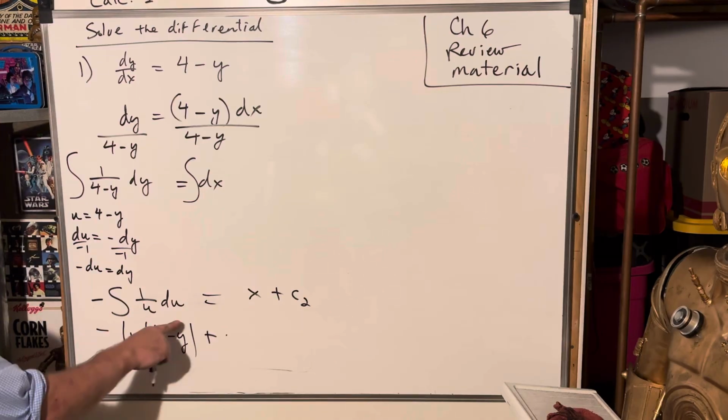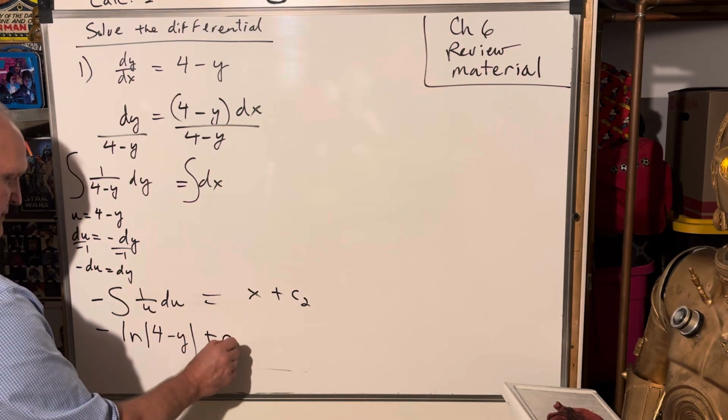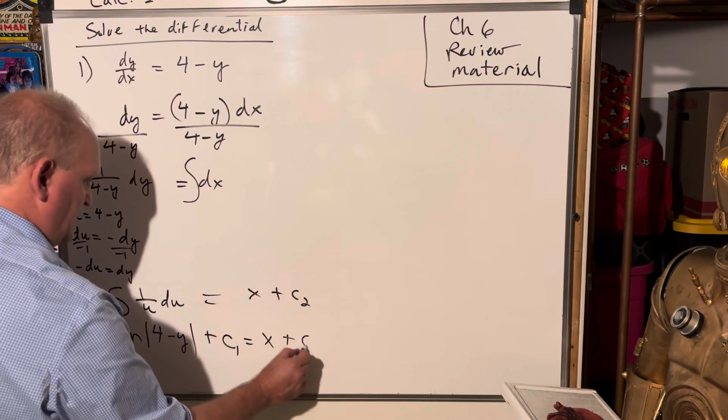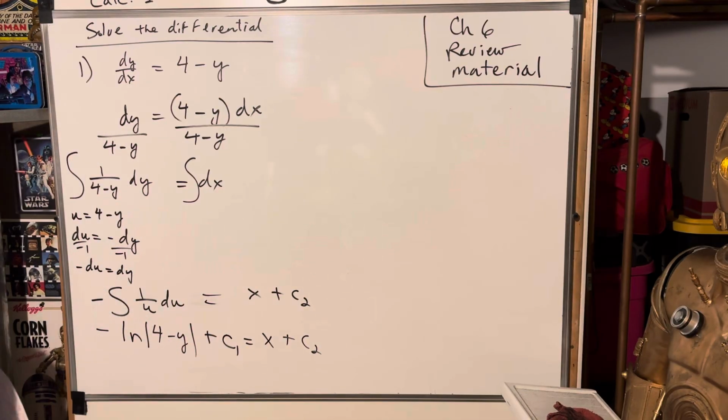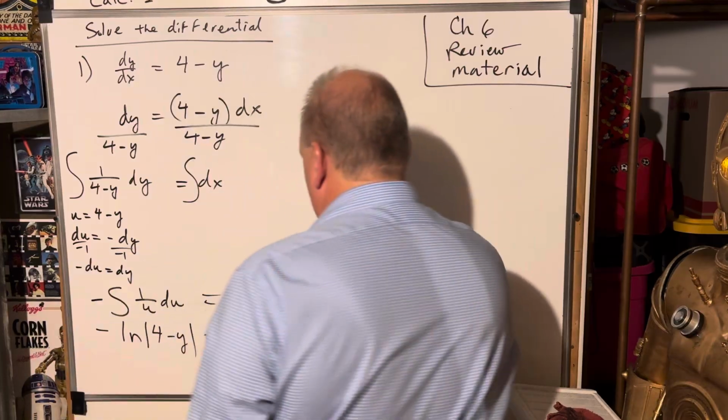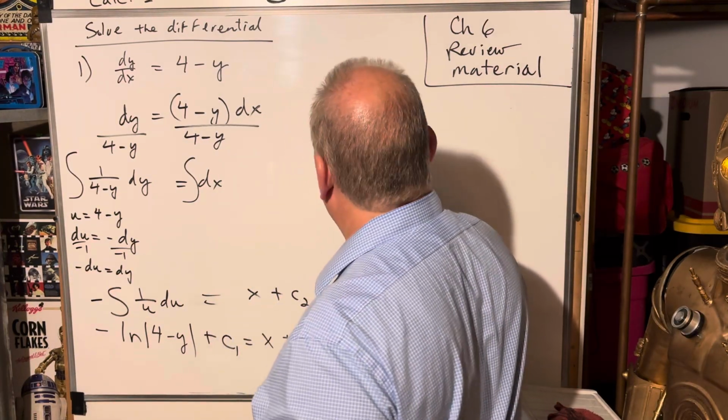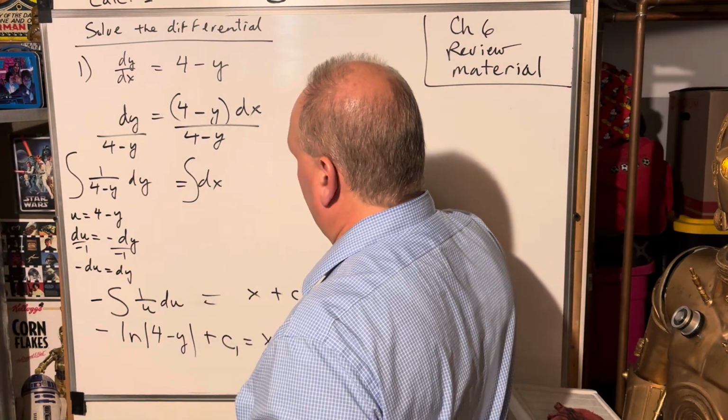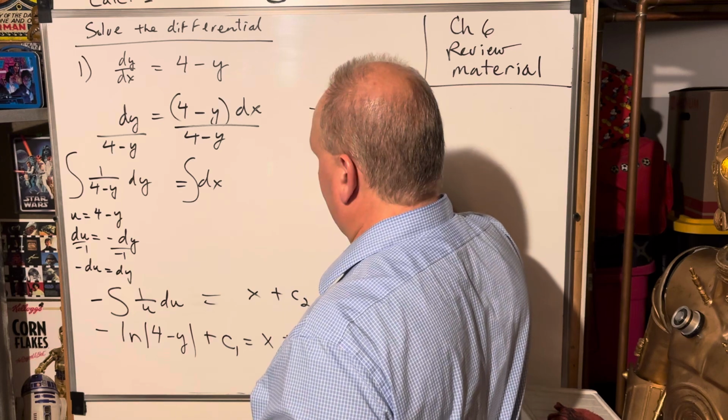The antiderivative of the right side is just going to be x plus c2. Okay, and so now we do the antiderivative. So that is ln, the natural log of u, which is 4 minus y. Now there's a c1 and there's a c2, and now we want to fix that up. So that over there and c3 or whatever. I guess we'll call it c3.